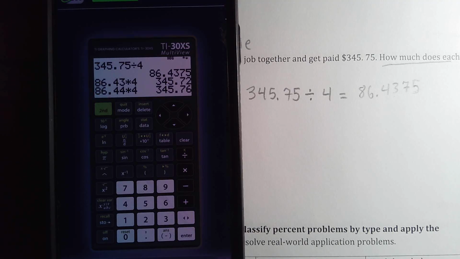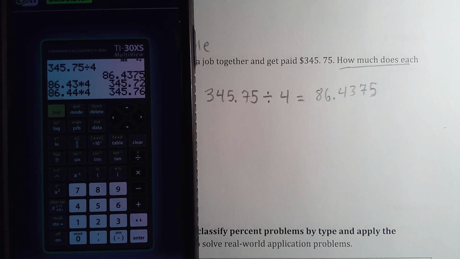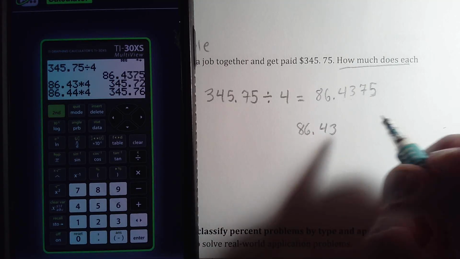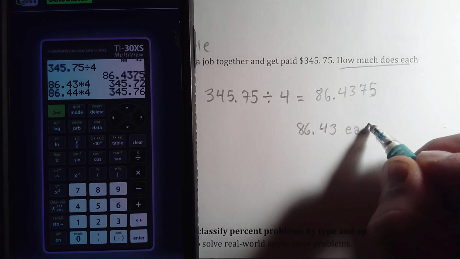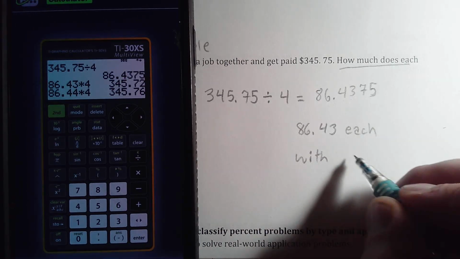So we can't divide it exactly evenly among the people. We're going to have to make a decision: somebody's not going to get all the money, somebody's going to be short a penny, or, I don't know, donate the 3 cents somewhere. So we would say $86.43 each, with 3 cents left over.